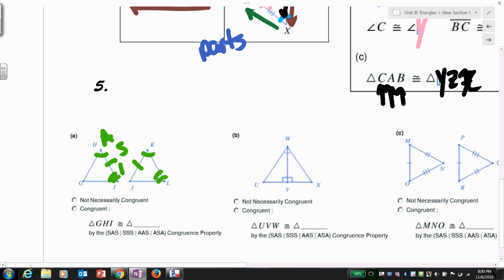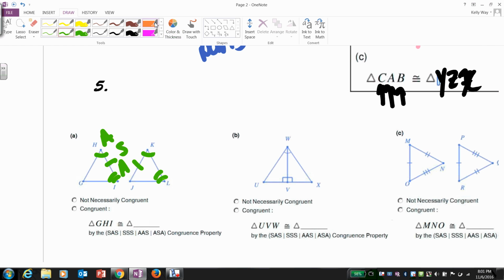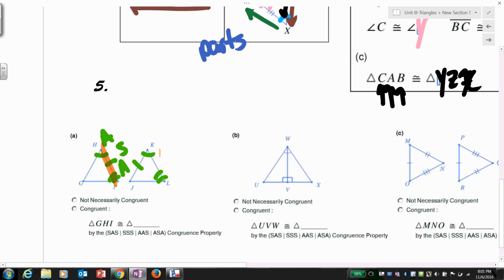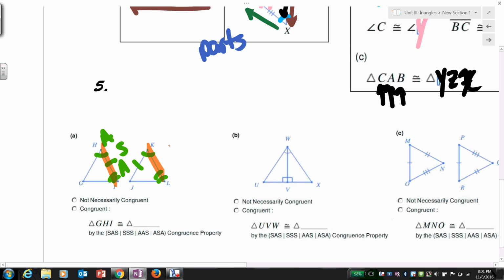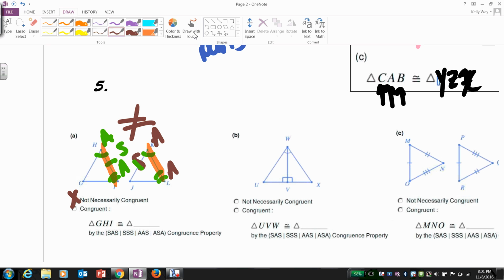Careful, because on the left, the side is sandwiched between the angles, but on the right, see that? There's your angles. The side is not sandwiched. So watch out for that, because the left spells angle, side, angle. The right spells angle, angle, side. It does not match. So that's not necessarily congruent.